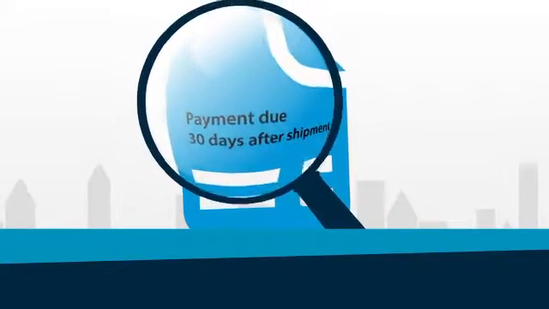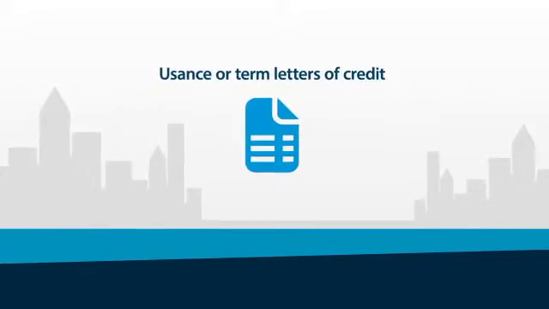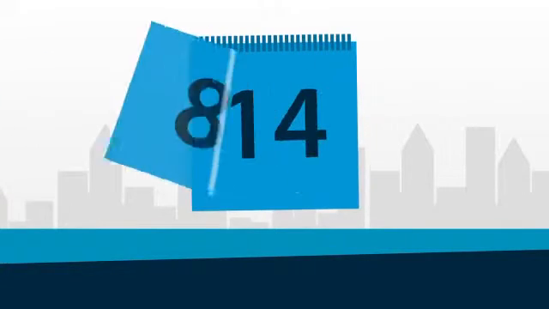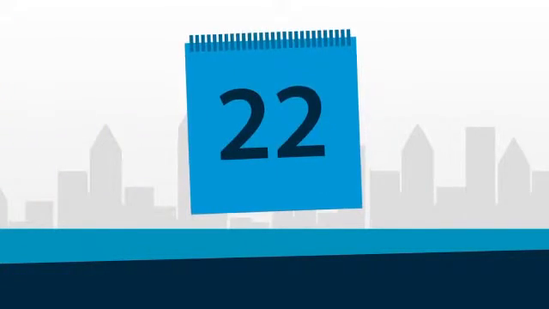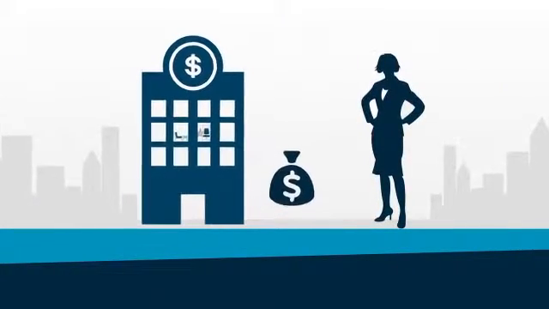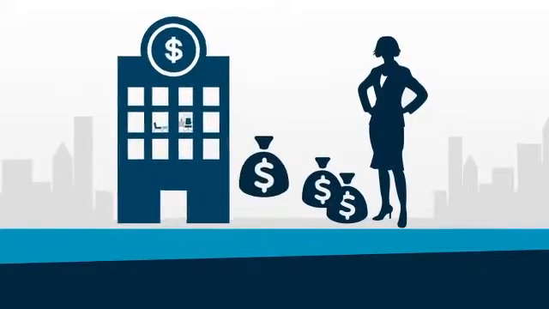For example, 30 days after shipment. These are called usance or term letters of credit. In usance letters of credit, the beneficiary will get paid on the future date, which is referred to as the maturity date. A nominated bank or issuing bank may agree to pay the beneficiary earlier than the maturity date, subject to special financing agreements.